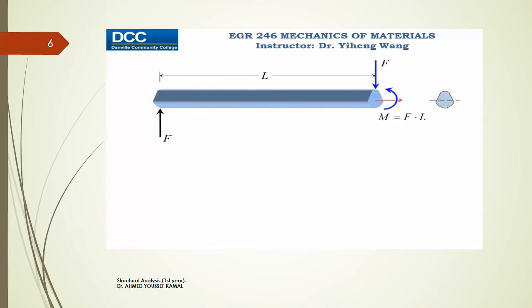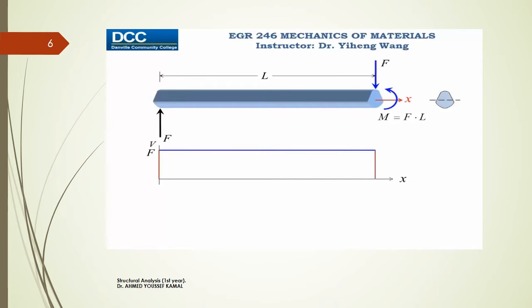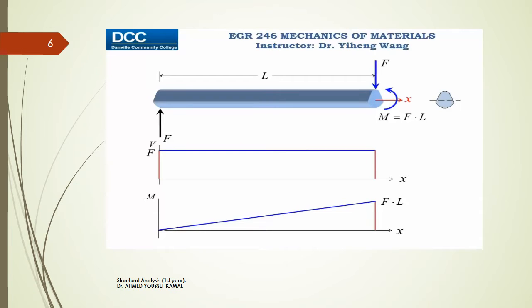And if we choose this to be our x-axis, as we usually do, we can sketch the internal shear force diagram and the bending moment diagram. And if we decide to analyze a segment at an arbitrary position x, and the segment has a thickness of dx, according to our bending moment diagram, on the left-hand side, its bending moment is Mx, and on the right-hand side, its bending moment is Mx plus dM.